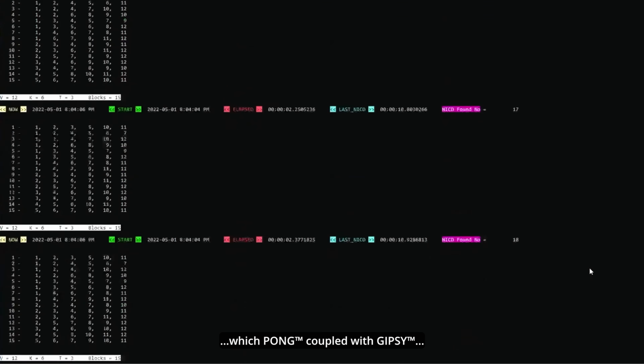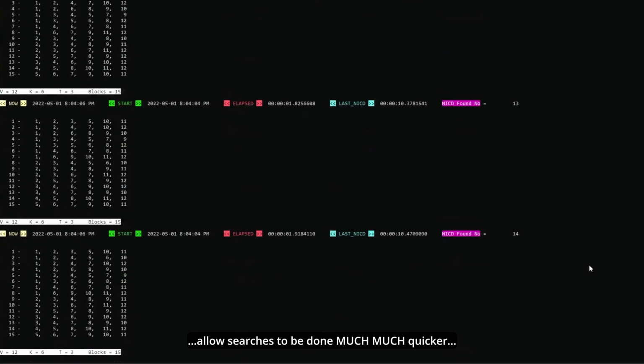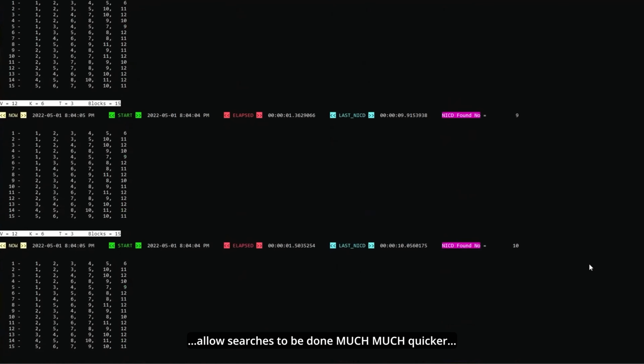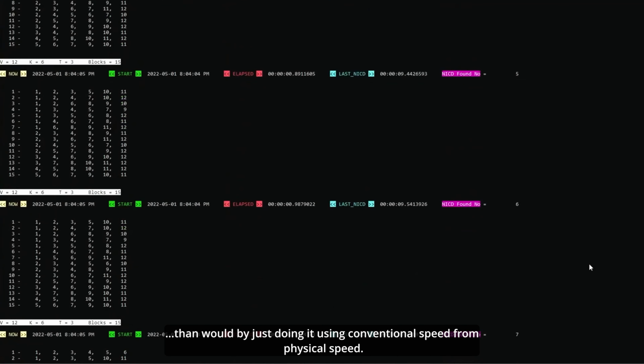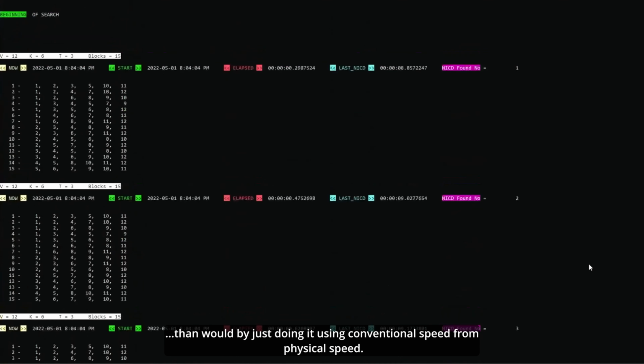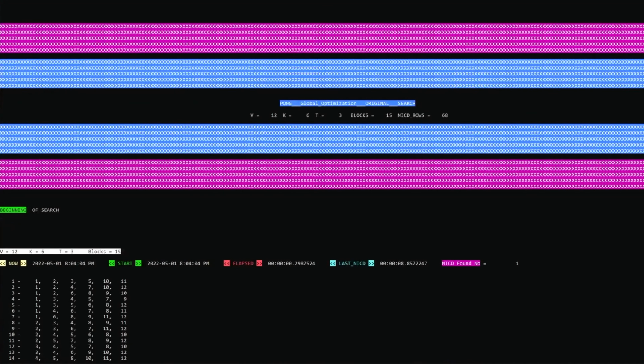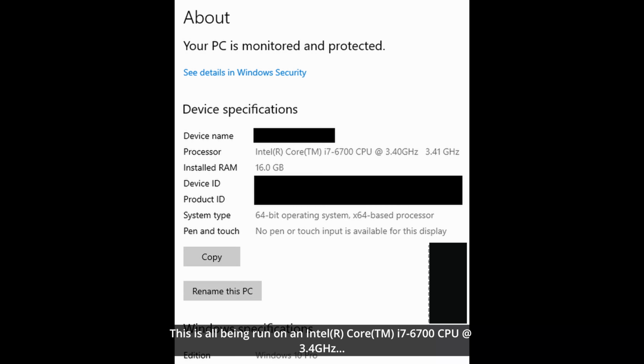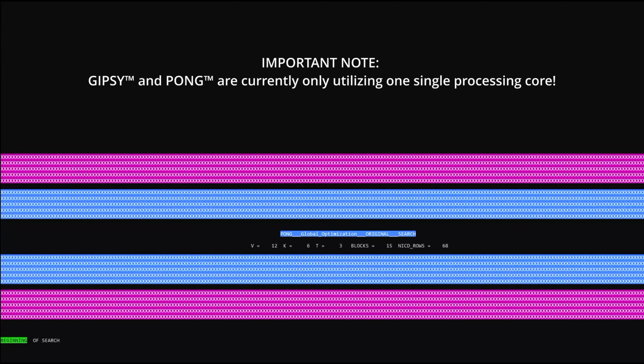PONG coupled with GIPSY allows searches to be done much quicker than would be possible by just using conventional physical speed. This is all being run on an Intel Core i7-6700 CPU, 3.4 gigahertz, using 16 gigabytes of installed memory.